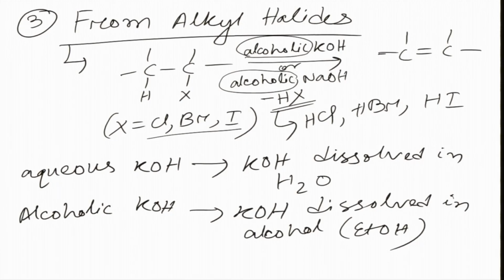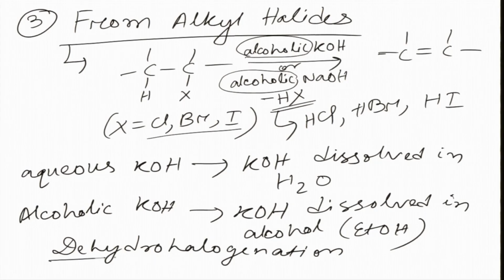So, this mechanism is known as dehydrohalogenation. Why? Because one hydrogen and one halogen are being eliminated. This is why when we were preparing from alcohol, we were saying dehydration, because a water molecule was being eliminated. Here one hydrogen and one halogen are being eliminated. So, this is called dehydrohalogenation.